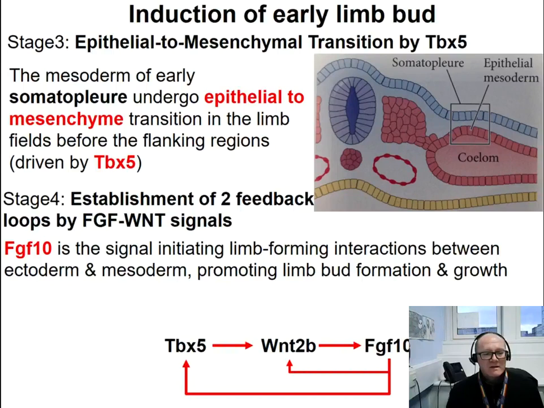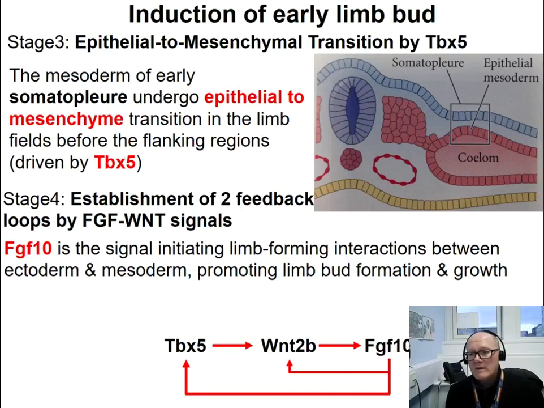The first feedback loop is established between TBX5 and FGF10 in the mesenchyme, the mesodermal cells of the progress zone. TBX5 induces the expression of Wnt2 signaling, and this Wnt2 signaling induces the expression of FGF10. And we saw that in the slide before.